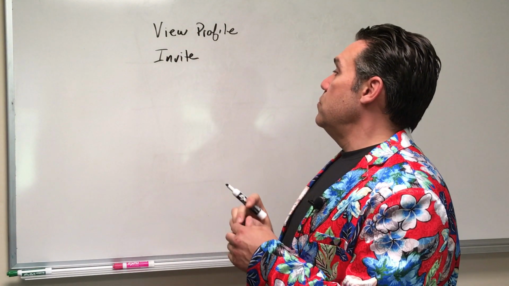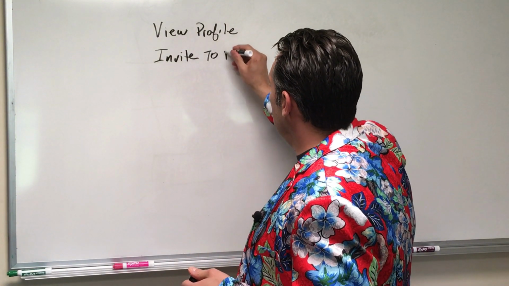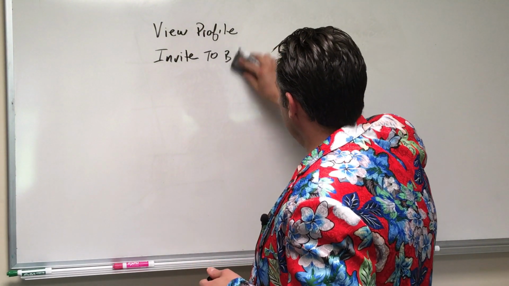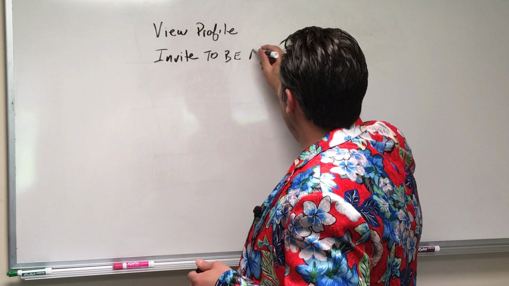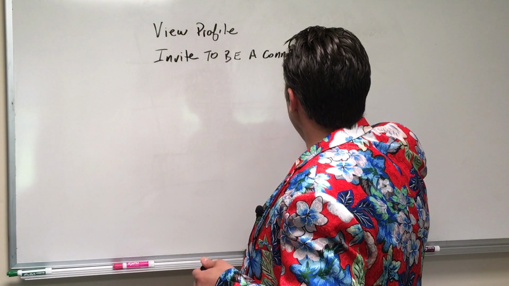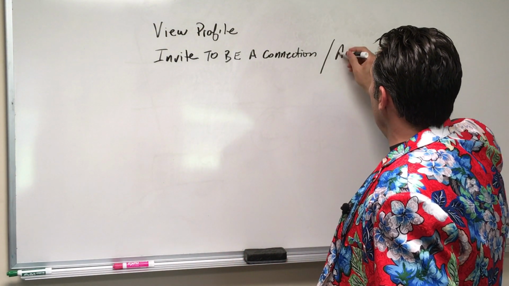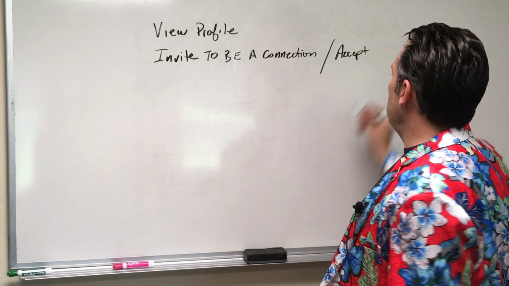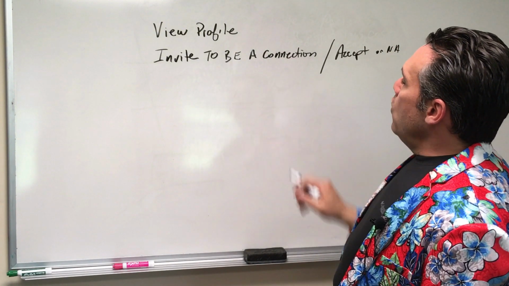But one of the things that you're doing is you're inviting people to be a connection of yours. Oh, let's do this. Invite to be a connection, right? And then those people either accept or you never hear from them. Okay? Accept or N/A. And what else do you do on LinkedIn?